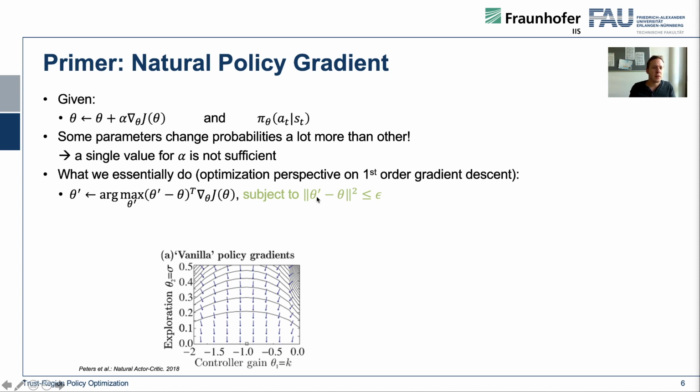But we want to constrain the update of our parameters with respect to some epsilon ball around our gradient update. This is what gradient descent is doing. We estimate the gradient around the local neighborhood of our point, and we want to take a gradient step. This gradient step is constrained by some distance, where we can be sure that the gradient is correct, and this distance is bounded by epsilon.